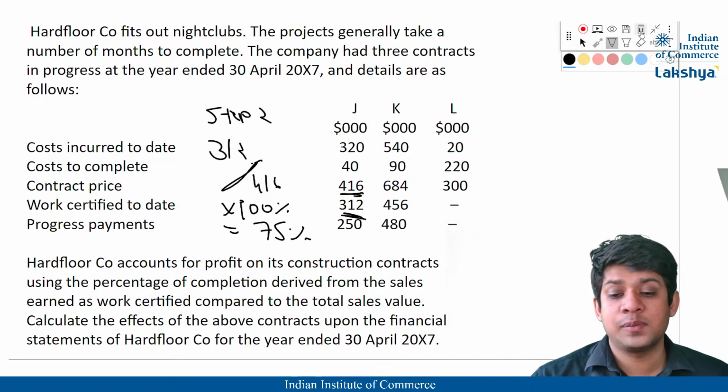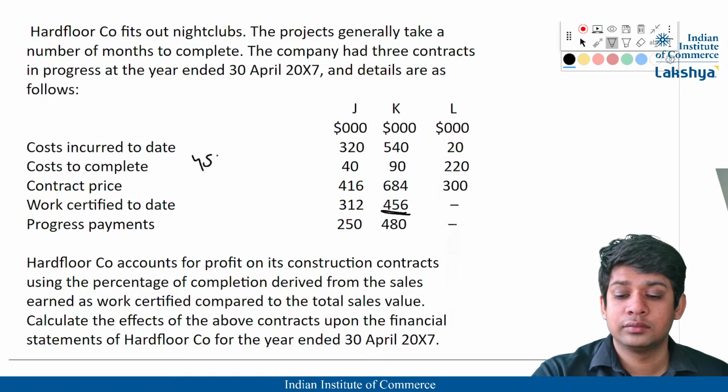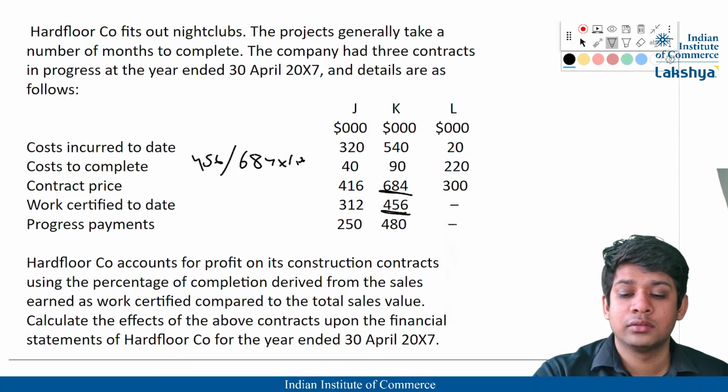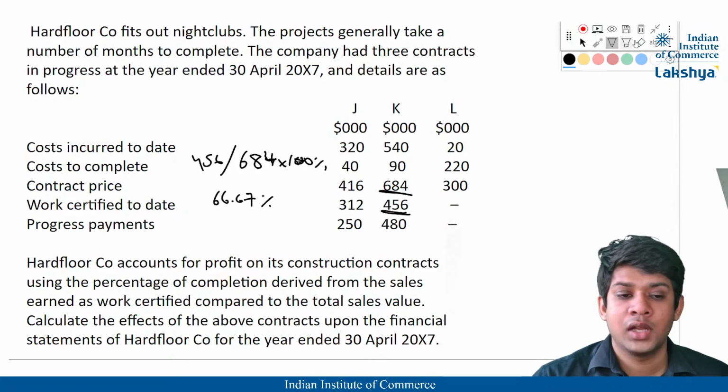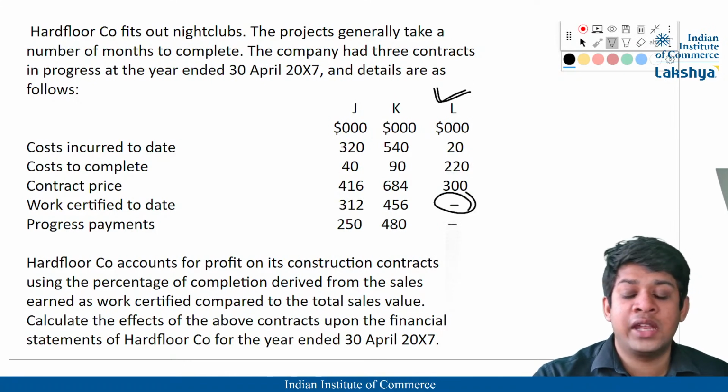This is your progress percentage of project J. For project K, our work certified to date is 456 divided by the total contract price 684 into 100%, right? So 456 divided by 684, that will be 66.67% approximately, right? And for the last one, the work certified is not there. So obviously we cannot determine the progress percentage, right? So technically whatever costs incurred to date, that is 20, that will be recognized as our revenue.